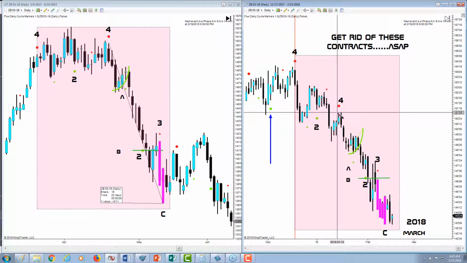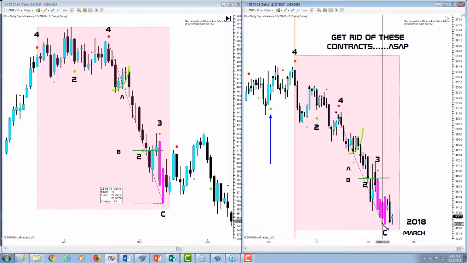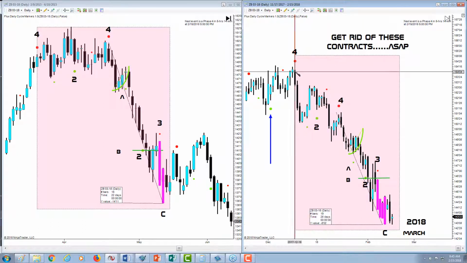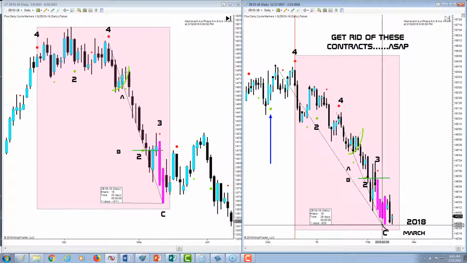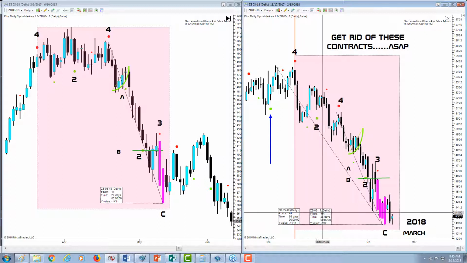From here so far to the low, $8. The overall drop from here, which was the high of the entire pattern, was $11.